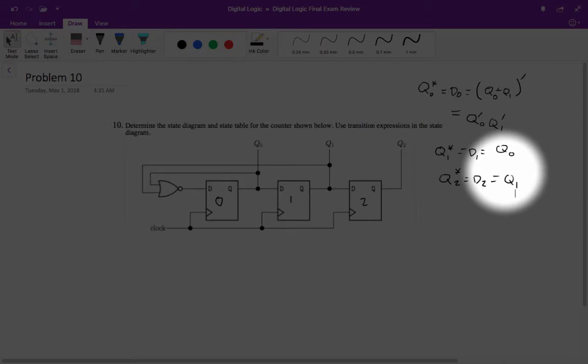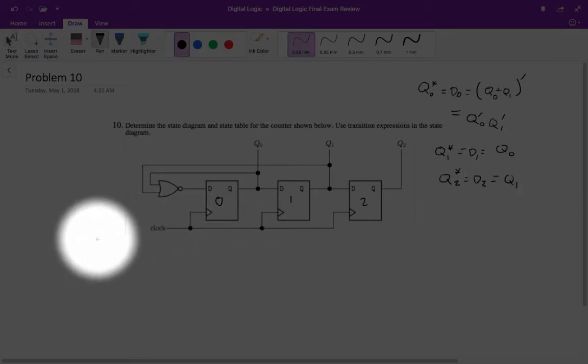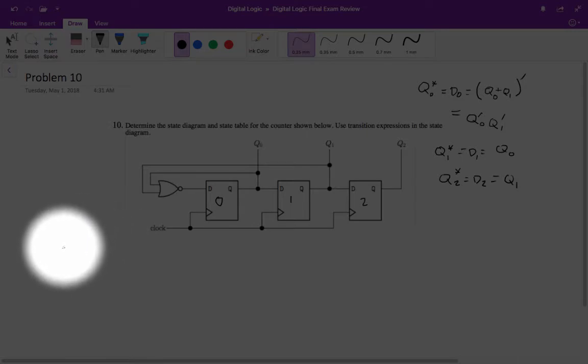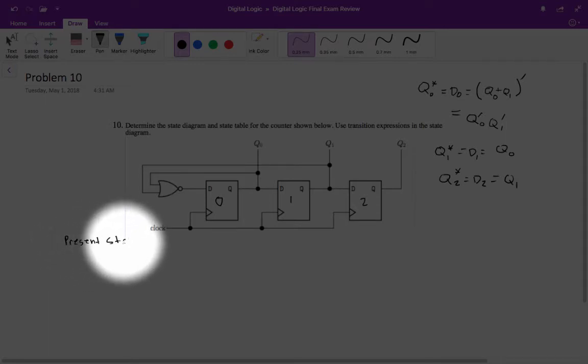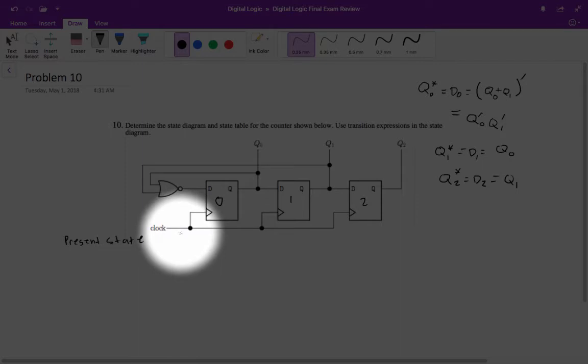Okay, so now let's take a look at a state table. We have our present state, and then we have our next state.